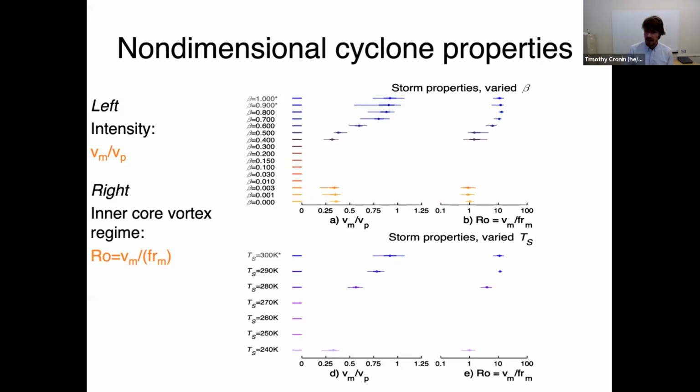So the point here is that this is a continuous dynamical regime and not something where dry storms are behaving uniquely. In fact, they look really similar to storms at a surface wetness of 40%, or 0.4.